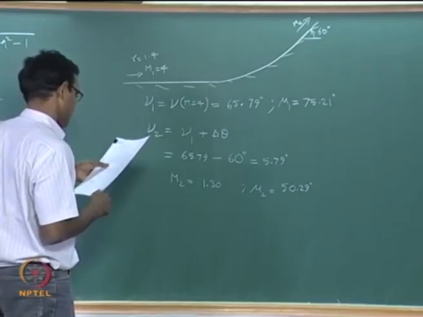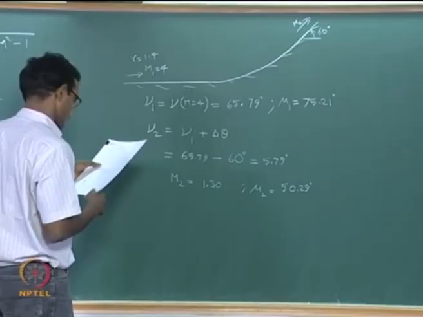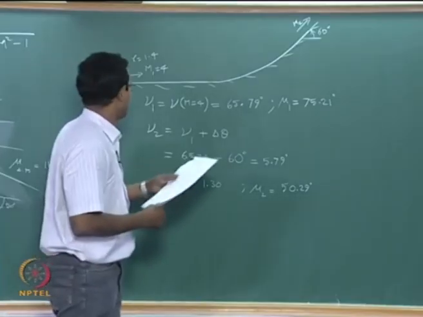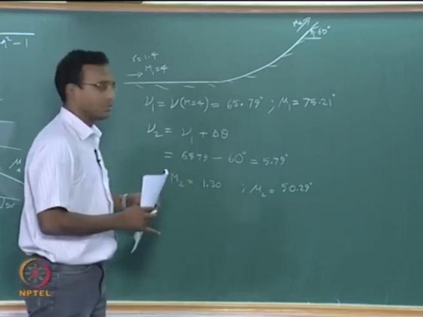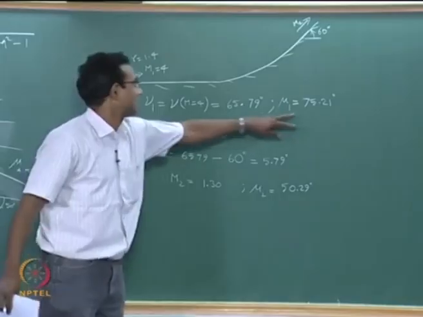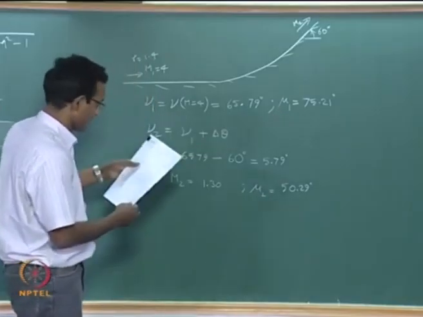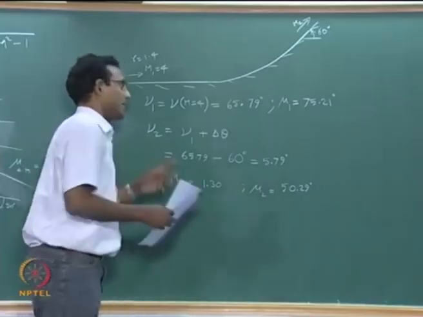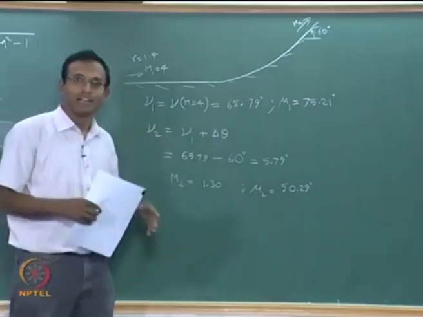I think there is a problem somewhere. I made a mistake somewhere, I think. It cannot be that. Do you guys have a calculator? Can you check whether this 75.21 is right? I think there is some mistake there. Okay. Anyways, I know that when Mach number increases, the mu angle should decrease.